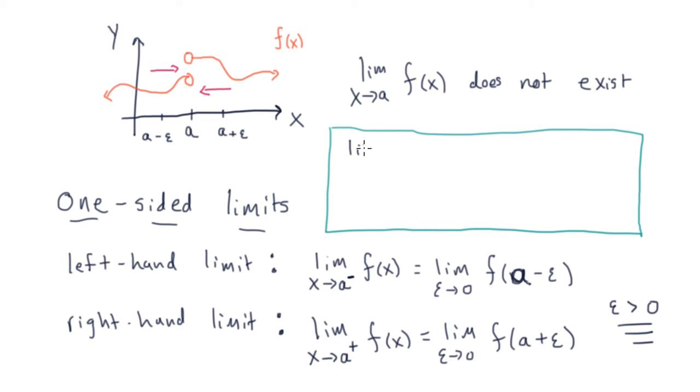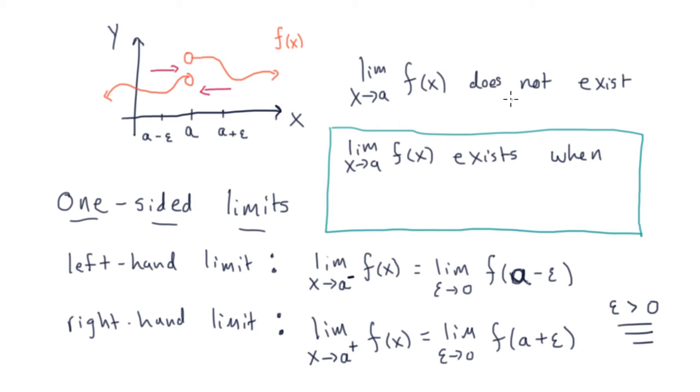So there's a very important thing to note looking at these one-sided limits, and that's this. The limit as x approaches a of a function f of x exists when, so here notice the left-hand limit is going to equal a number, and the right-hand limit is going to equal another number.